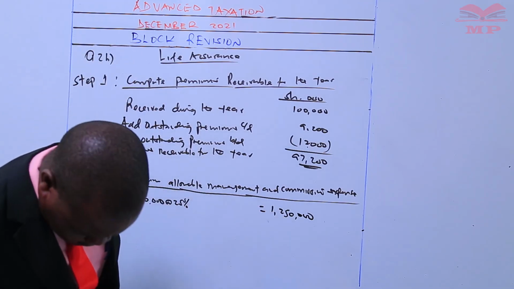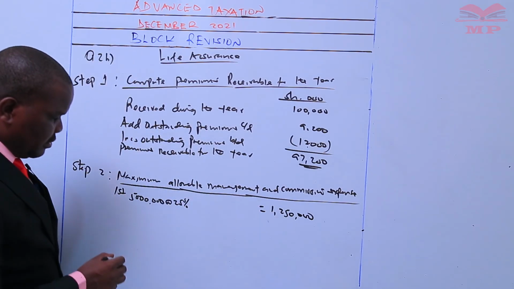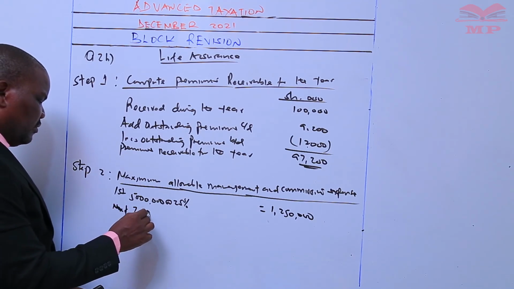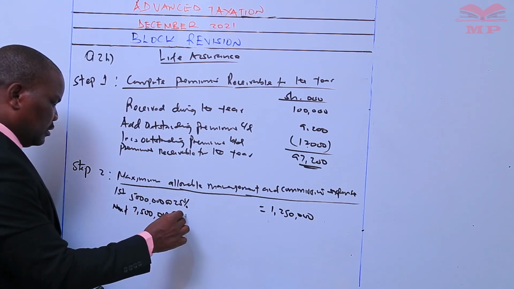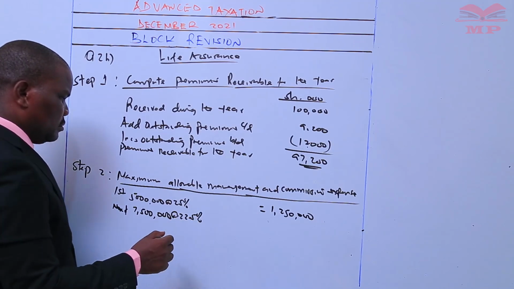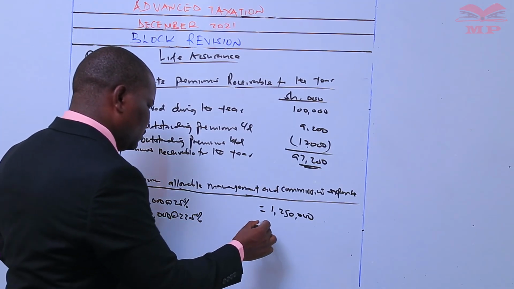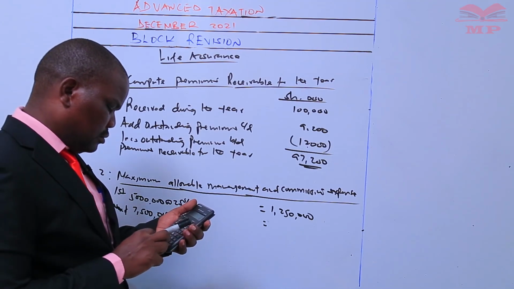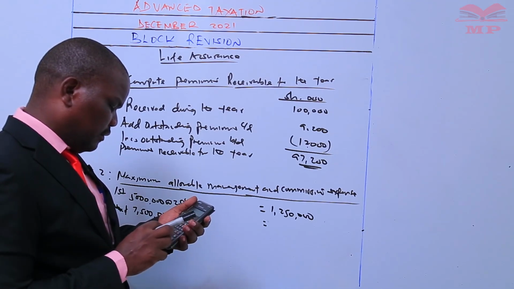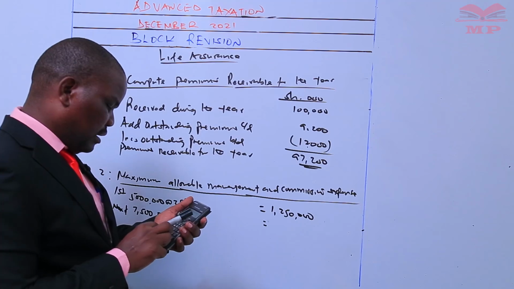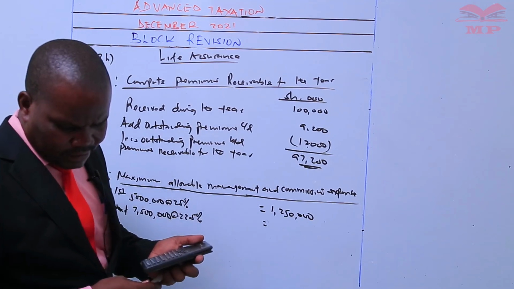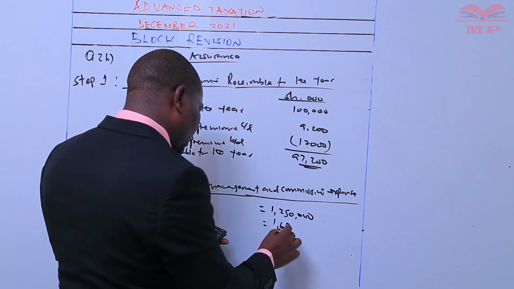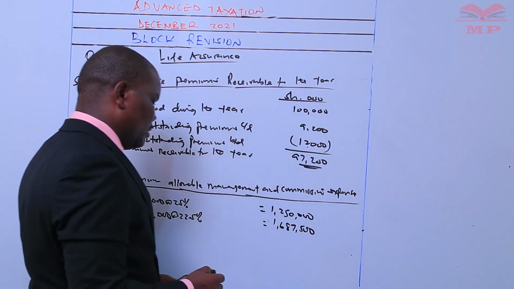Then we say next 7.5 million at 22.5%. 22.5% of 7.5 million, I'm getting 1,687,500.